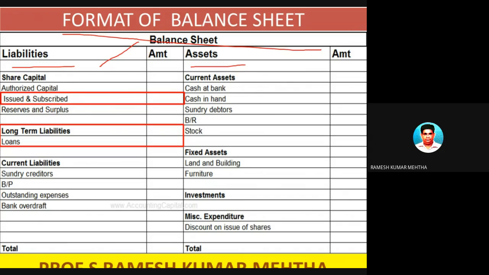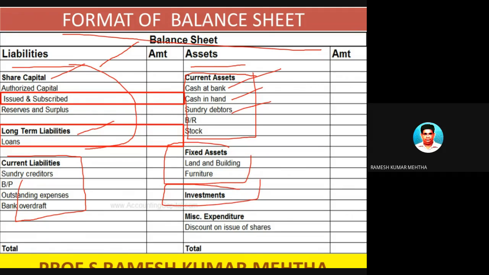If you look at the liability side of the balance sheet, there are share capital as a heading, long-term debt or long-term liabilities, and the current liabilities. Apart from this, we have current assets on the asset side of the balance sheet, like cash in hand, cash in bank, debtors, and we will see all these, fixed assets, investments, and other assets.